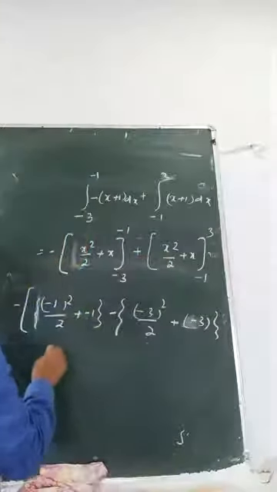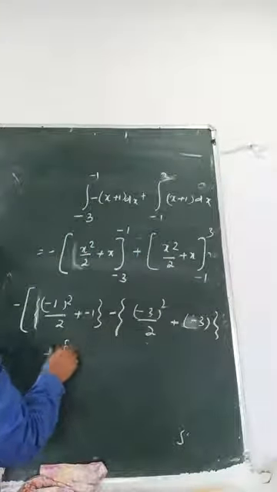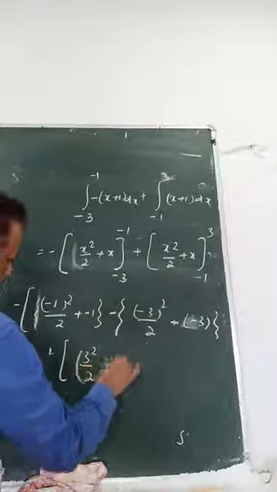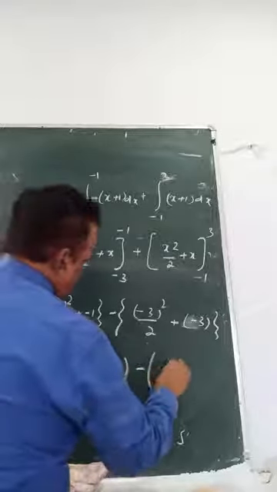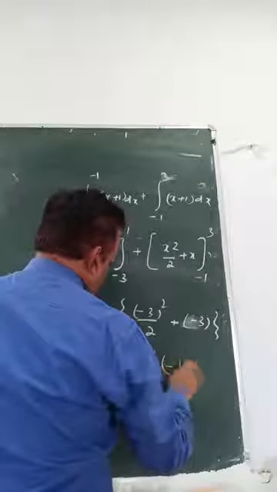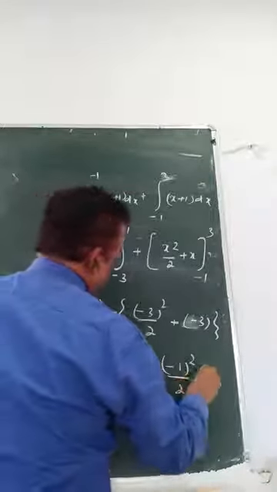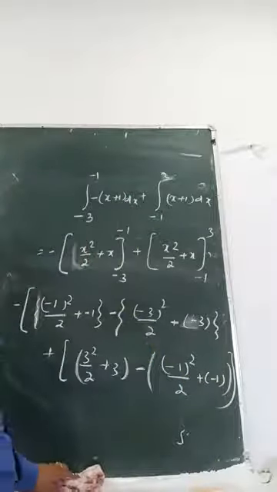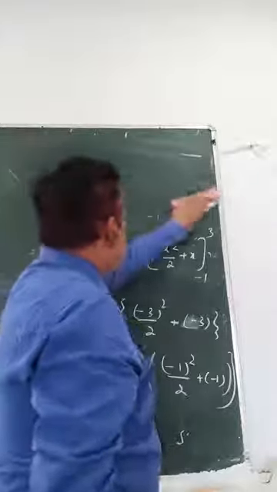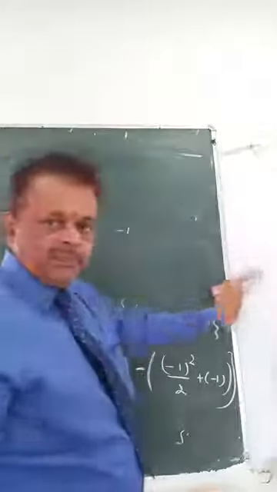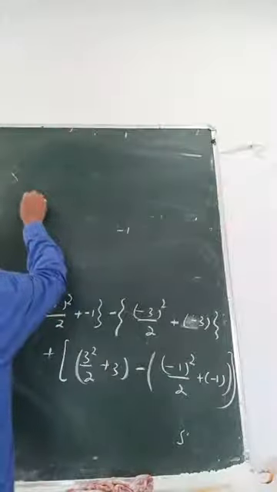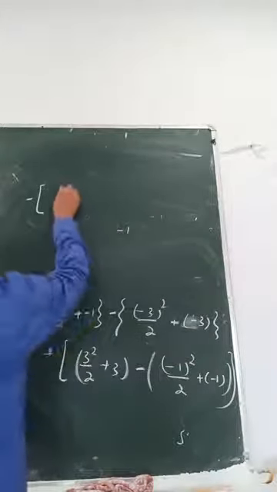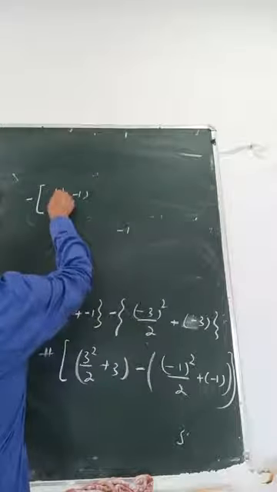This part: 3 square by 2 plus 3, minus 1 square by 2 plus of minus 1. Okay. Then how much did you get? You got minus, this is 1 square by 2, 1 by 2 minus 1.